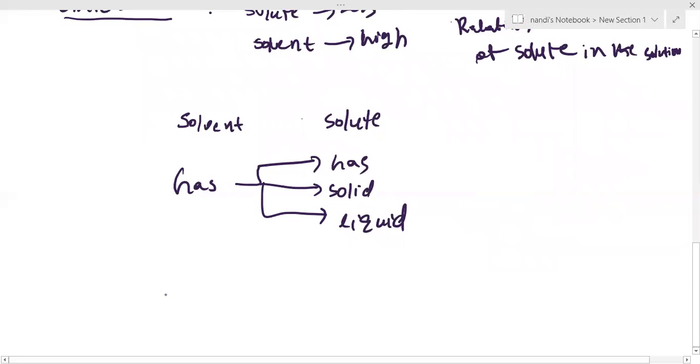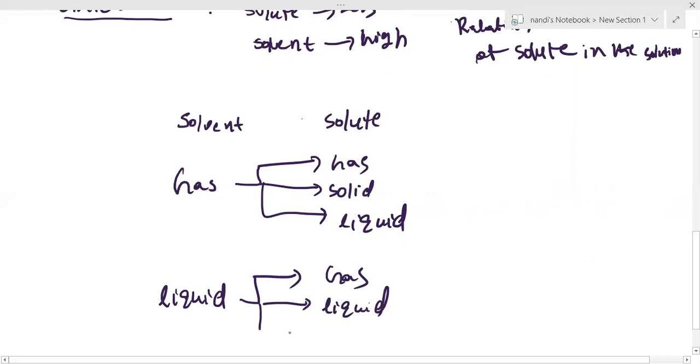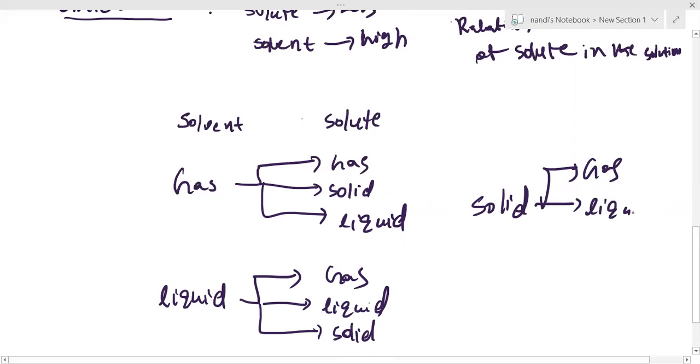Similarly, you can take liquid as the solvent, again with gas, liquid, or solid as solute. And again, you can take solid as the solvent, with gas, liquid, or solid as solute. So these are the types of solutions, a total of 9 types.